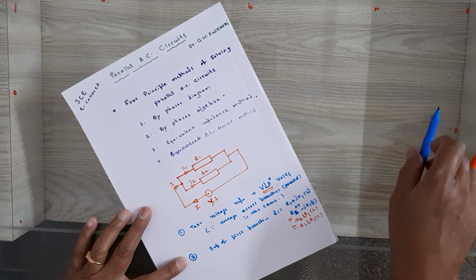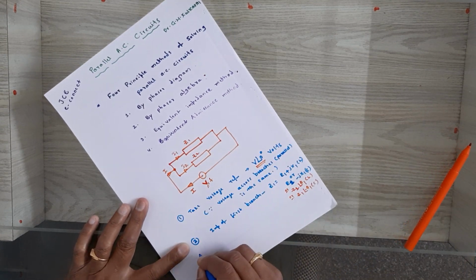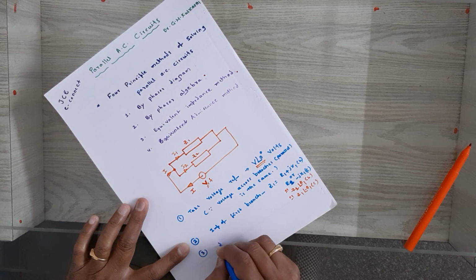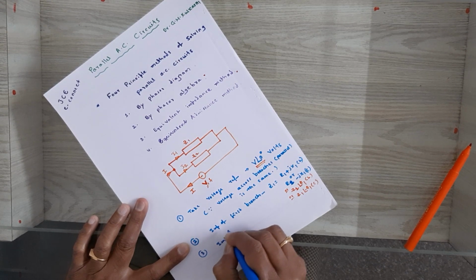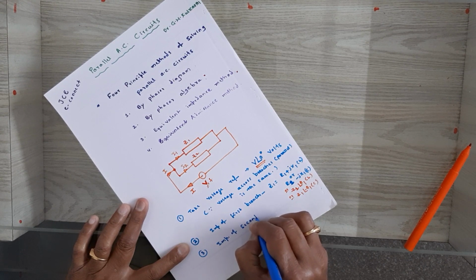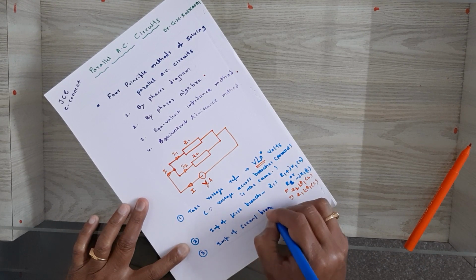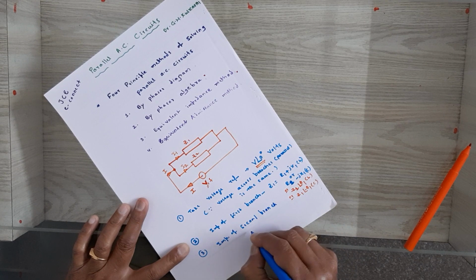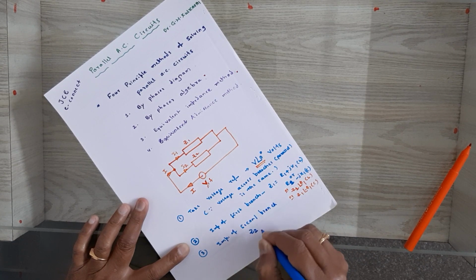Similarly, we have the impedance of the second branch, which we represent as Z2.